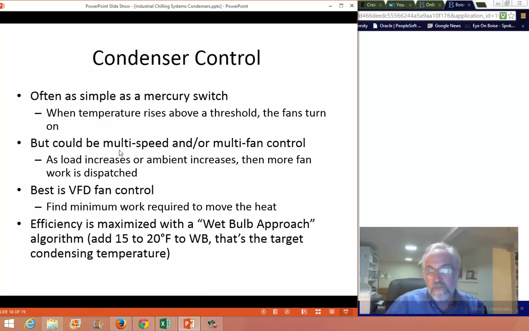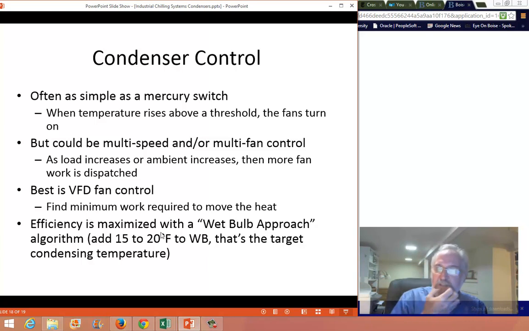Multi-speed control: there could be fans that have multiple speeds, but the best approach is a variable frequency drive on the condenser fan. It really minimizes the work. If you run that fan at half speed, you're getting about half the condensing capacity, but it's only about 1/8 of the work because of what's called the affinity laws, right? Of how fan work goes with its speed.